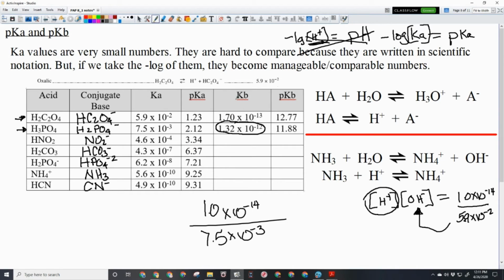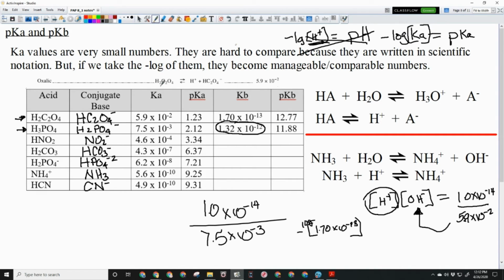If you solve for the Kb, then the way we get pKb is just take the negative log of this value. It's going to give us 12.77.